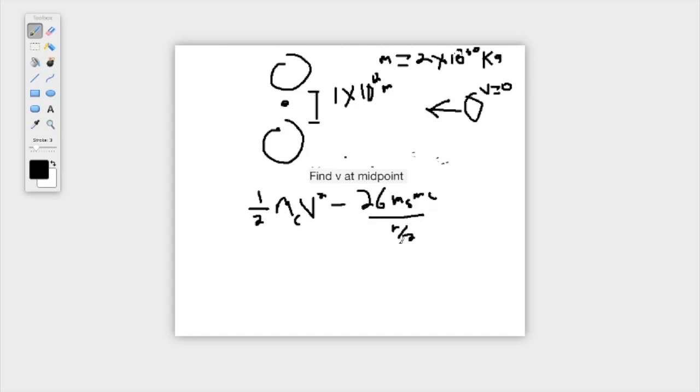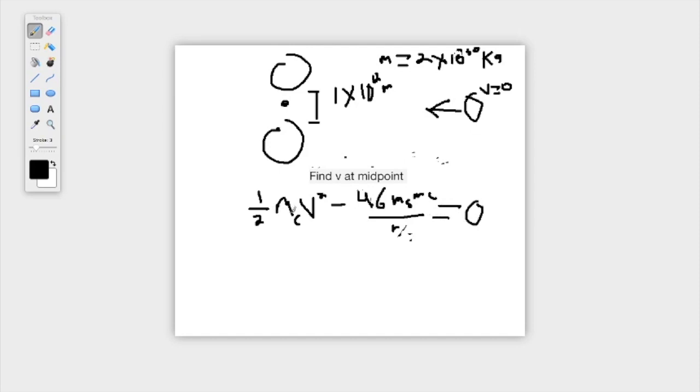Because it's in the midpoint, which should be 4 when you multiply everything out, or at least 4 on the top. And then all that equals 0.